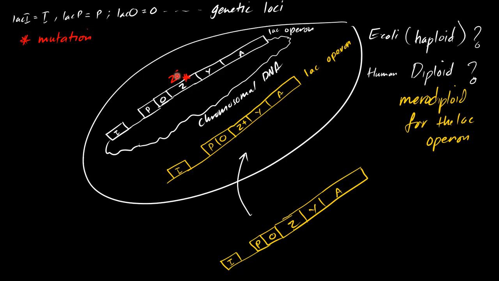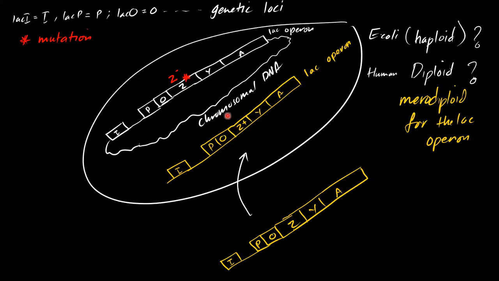It's the same thing. So now we have two copies of the same gene, two alleles of the same gene. One of them is a mutant, the other is normal. Now we can determine the relationship between them.